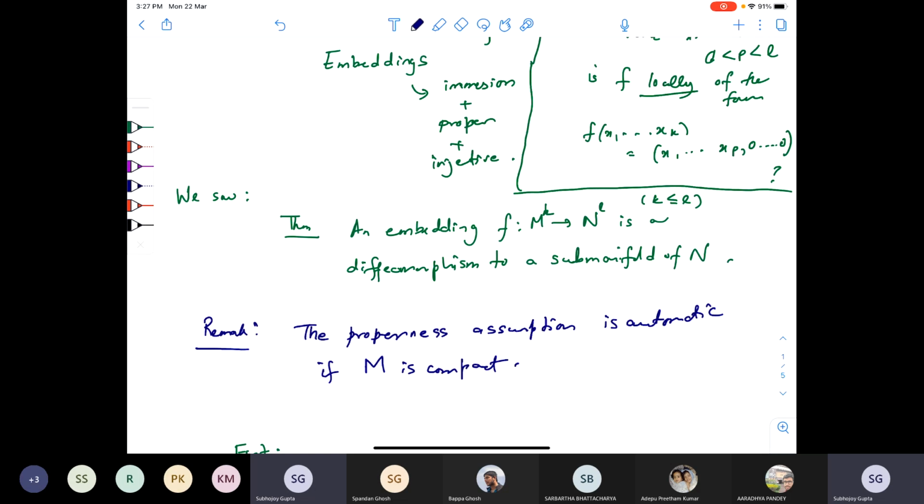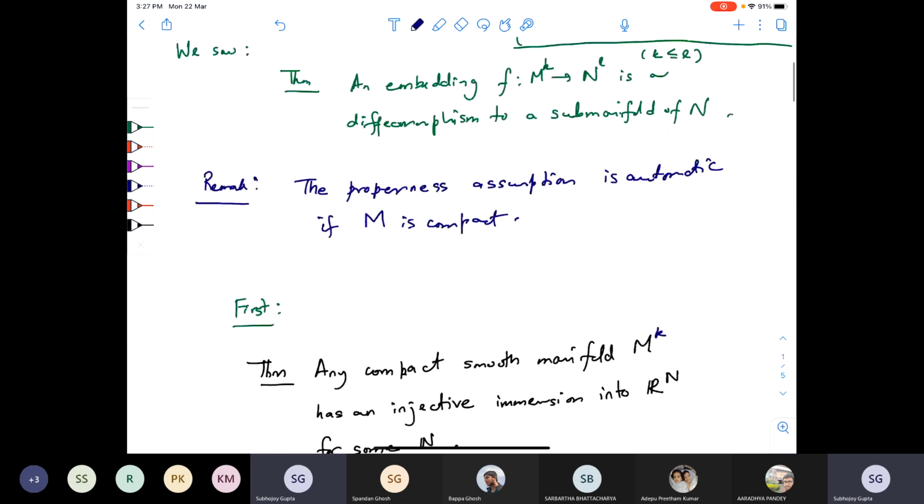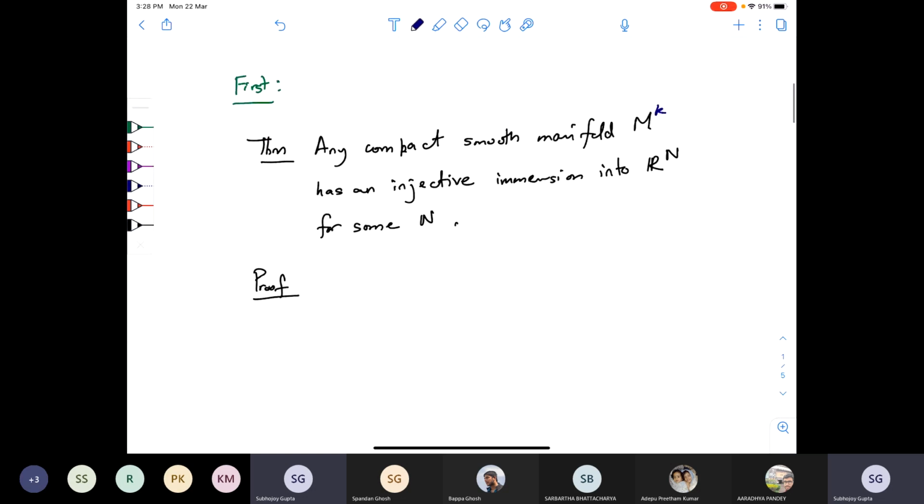So it follows just from basic point-set topology that the pre-images of compact sets in our case would be closed. But if you have a closed subset of a compact space, if your domain, the whole space, is itself compact, then any closed subset of it would be compact as well. So properness would be automatic. So it's helpful to assume compactness of the domain manifold at the beginning, and then we'll relax it later on. Okay, so how do you prove this?